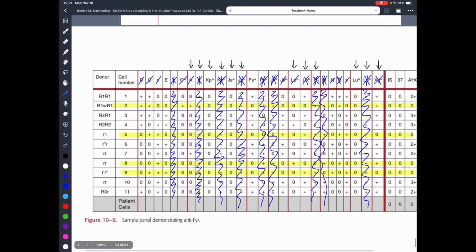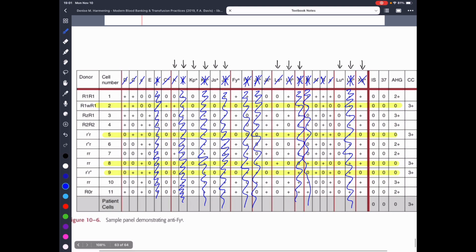So if, let's say, that the patient actually had anti-C, the one crossout means that there was one instance in which the patient's antibodies did not react to the antigen that it should have bound to, which shouldn't happen, right? So ideally, the ones without any crossouts would be the one that the patient has antibodies for.